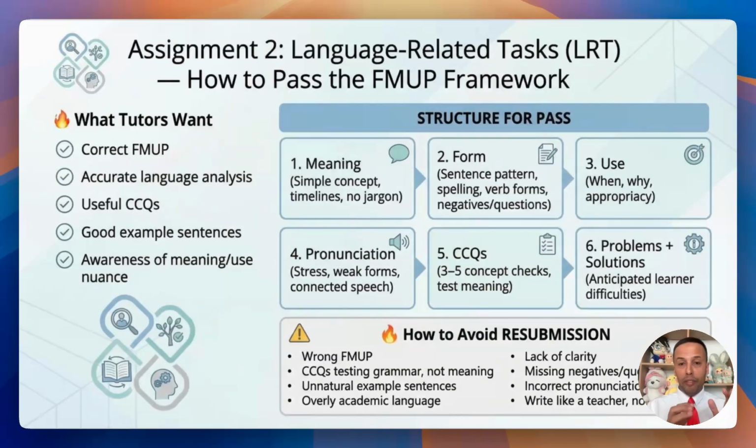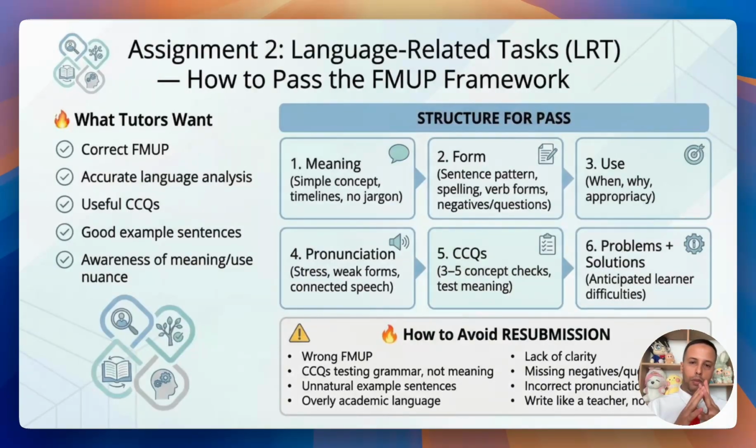So how to avoid resubmission here? Wrong FMUP. If your analysis is incorrect, you will be asked to redo it. Check your resources. CCQ is testing grammar, not meaning. So check it. You must test meaning. What's the past participle?